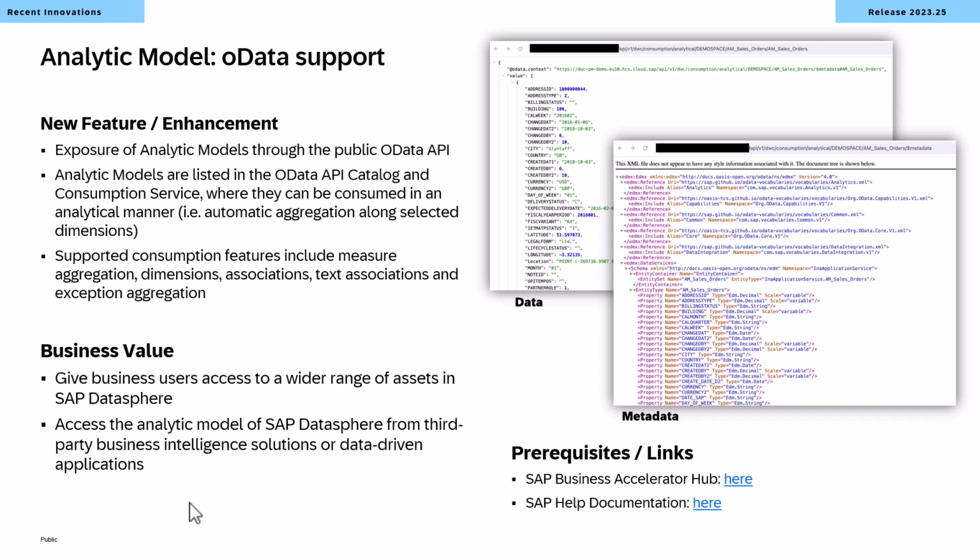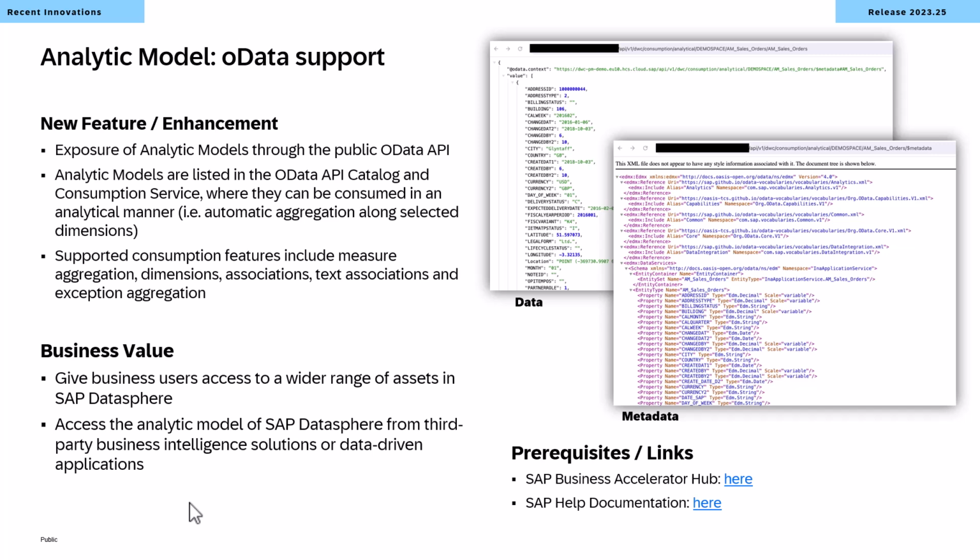That is now possible for the data as well as for the metadata. As you see here, it works in the same way as the OData interface worked before. It's just an enhancement of the analytic model itself, in addition to the existing view exposure which was there before.